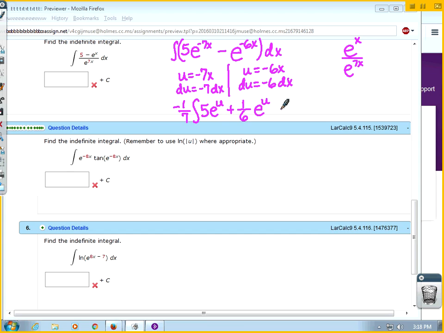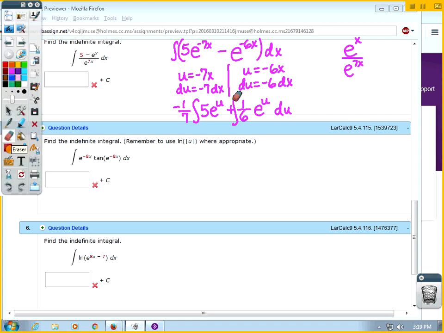Now remember your u's are two different things here. So the integral of, and I'm going to put another integral symbol here. I forgot my du on the first term. Here, let me fix this.